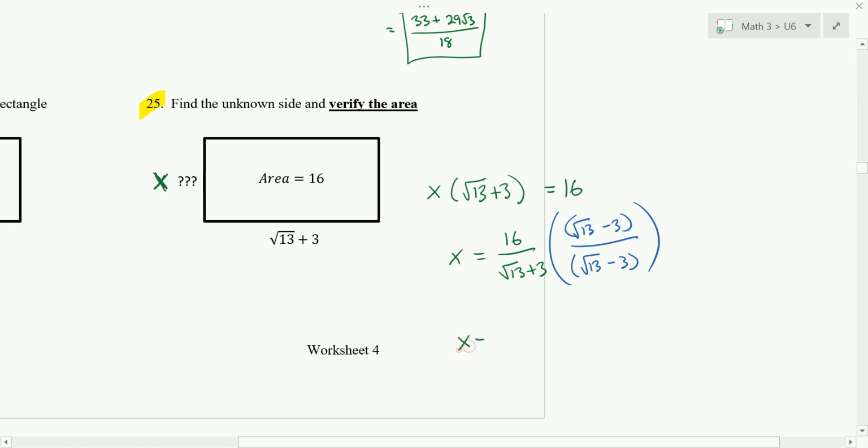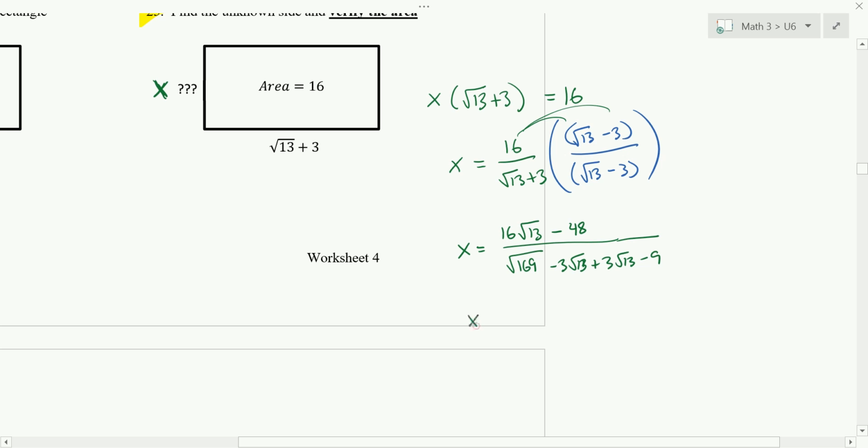And we get that side length is 16 root 13 minus 48, so distributing the 16, over square root of 169 minus 3 root 13 plus 3 root 13 minus 9, which is 16 root 13 minus 48 over here, square root of 169 is 13.